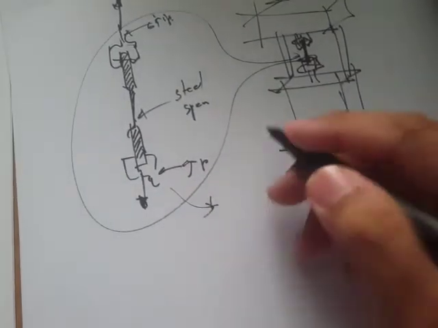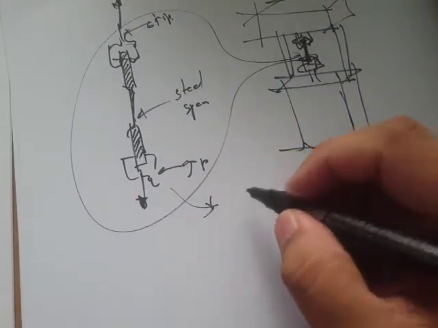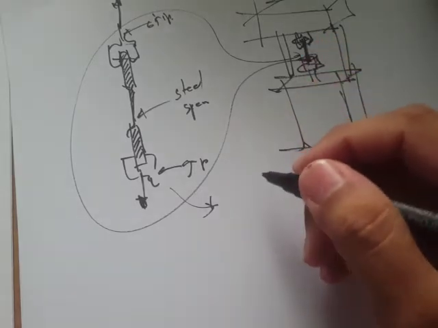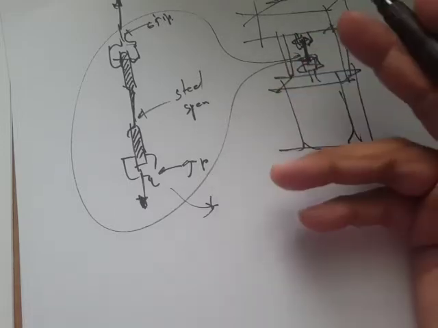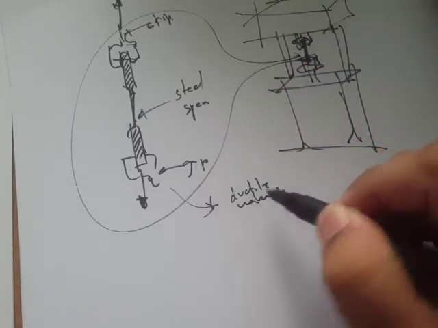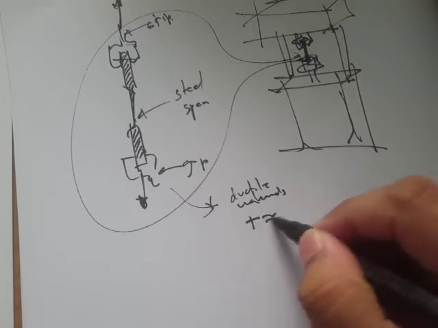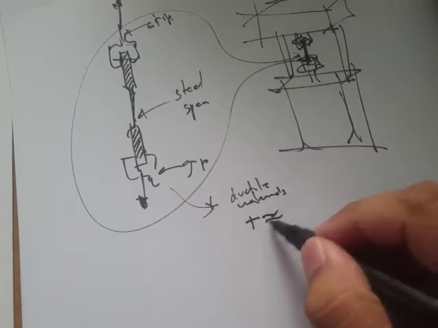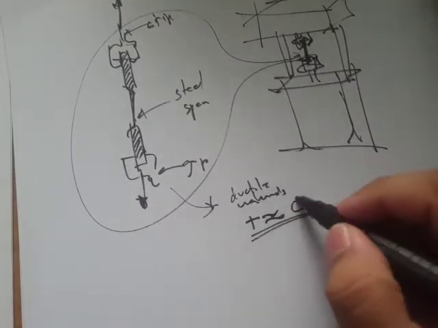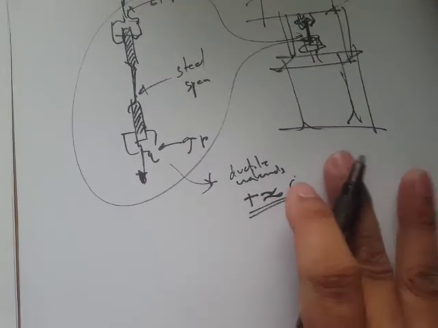Now, in some references, I think in one of the textbooks in mechanics of materials, it says that for ductile materials, the tensile strength is more or less equal to the compressive strength. That's true for ductile materials.